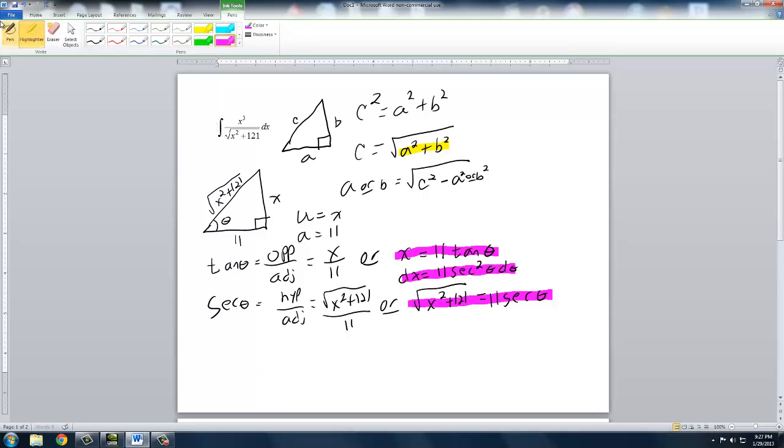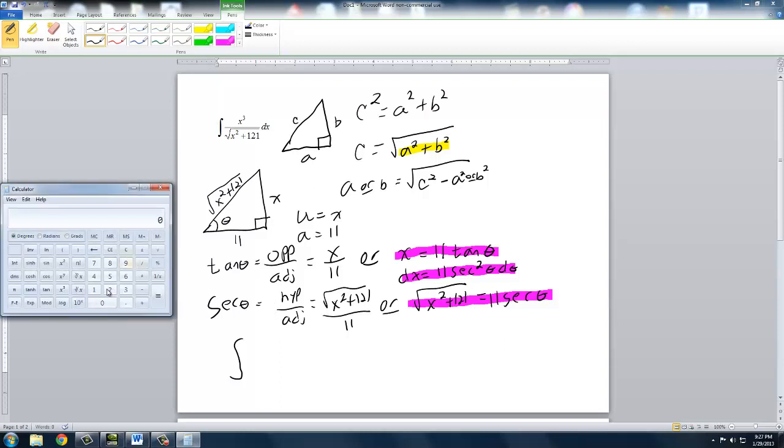Now we're going to draw our integral. We have all the things we need to replace here. So what we have now is the integral of x to the third. Well, x to the third is going to be 11 tangent theta, cubed. What is 11 cubed?